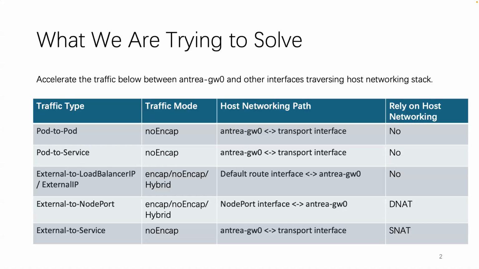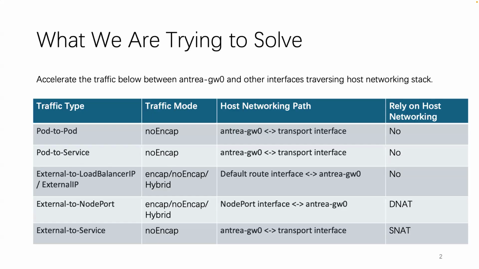After processing by the OVS pipeline, it will be forwarded to host networking again, but the source IP will be SNATed to a virtual IP because it's not in encap mode. The next phase is to forward the traffic to remote nodes. Because its source IP is a virtual IP now, this kind of traffic will also be SNATed to the transport interface's IP address.